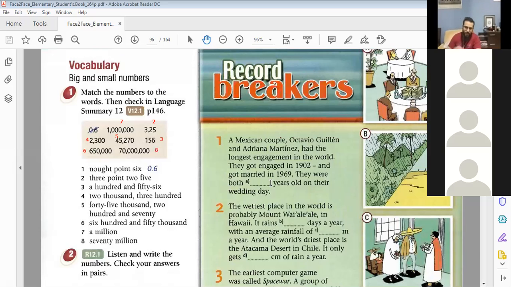So listen and write the numbers. I don't think we need to listen. All right. So sometimes they say 0.6, but sometimes they also say 0.6. If you check number 1, can you see this word? Not. It means 0.